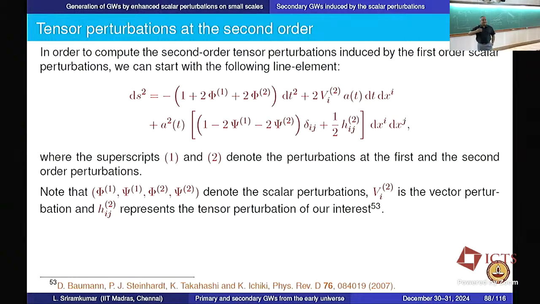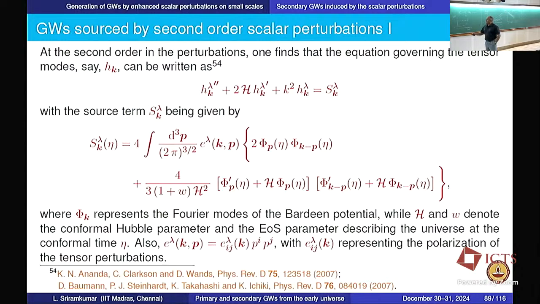Instead of Gk, I have called them Hk. In contrast to G subscript K wave number, you have a G subscript K vector because the source contains the wave vector as well. Remember, in the case of primary tensor perturbation, the source was zero, and therefore that depends only on the wave number. Here it depends on the wave vector too. And otherwise, the structure of the left-hand side is the same.